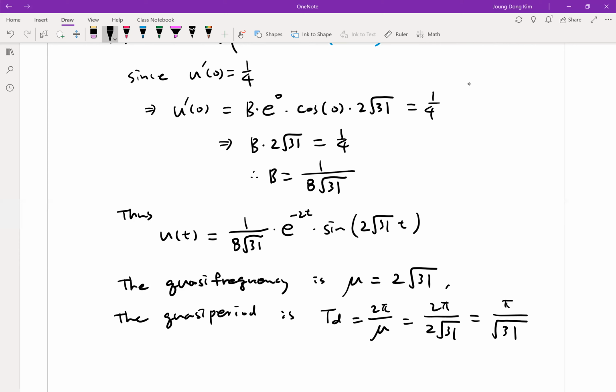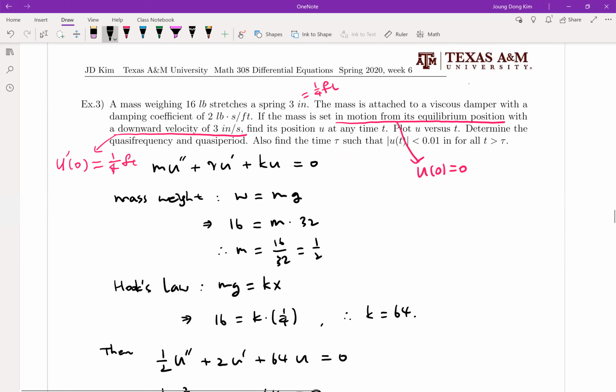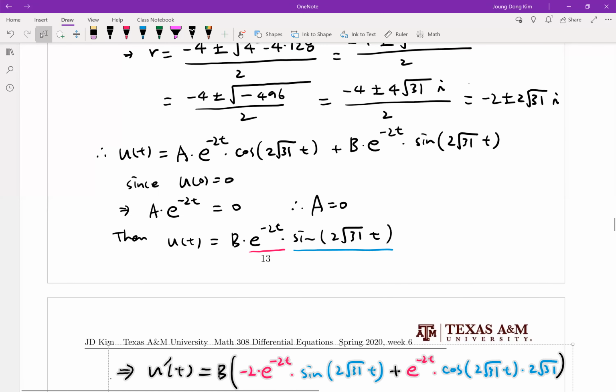So we need to do one more thing. Let me come back to the problem, okay? Not only frequency and period, the problem asks to find the time tau such that the absolute value of u is less than 0.01, right?